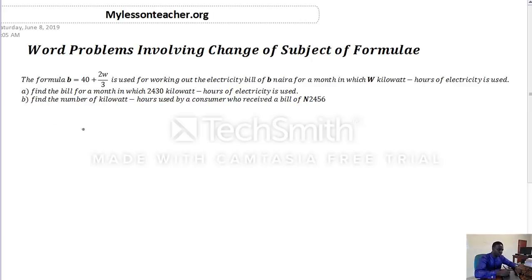In this equation, B is equal to 40 plus 2W/3 says that B is the amount you are to pay for your electricity bill per month when you used W kilowatt hour of power. So we are asked to find a bill for a month in which 2,430 kilowatt hour of electricity is used.